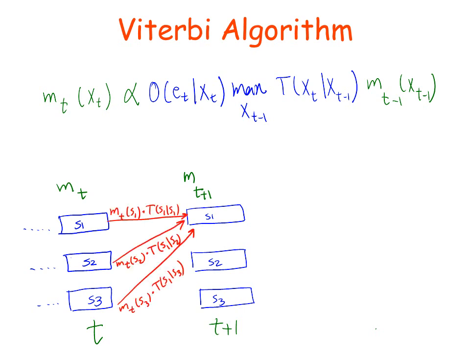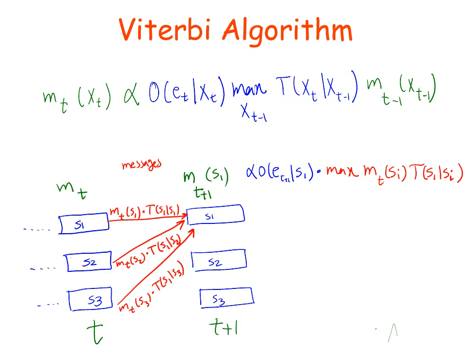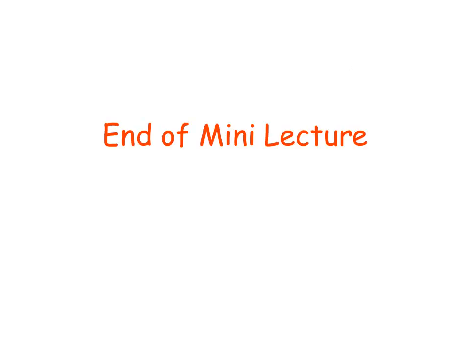We send messages from time t to time t plus 1, and then these messages are combined, but this time based on the maximization operator instead of the operator that we used before in the forward algorithm. That's the end of the mini lecture.